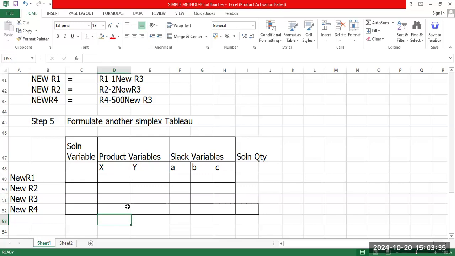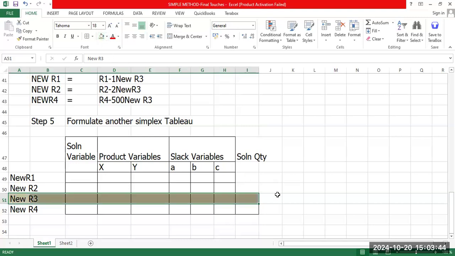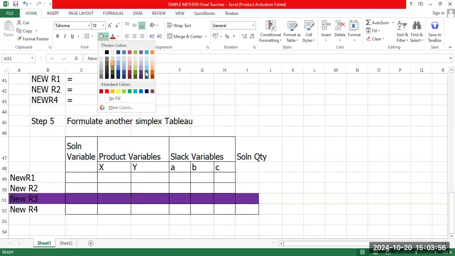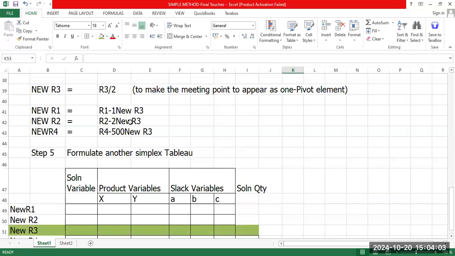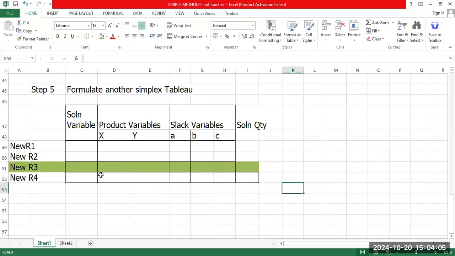Row 3, isn't it? Start with your row 3, because without this row, you cannot actually fill other rows. You see all other formulas have new row 3, new row 3, new row 3. So you cannot fill other rows without this new row 3.